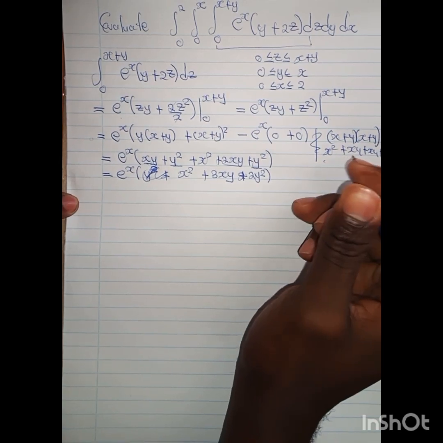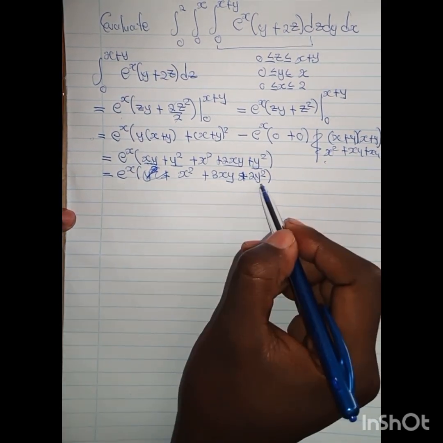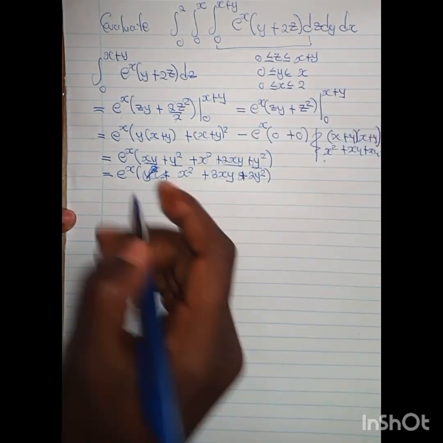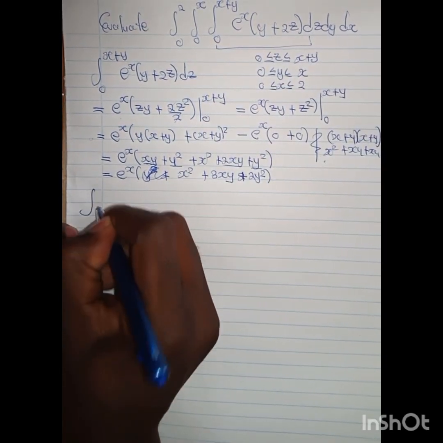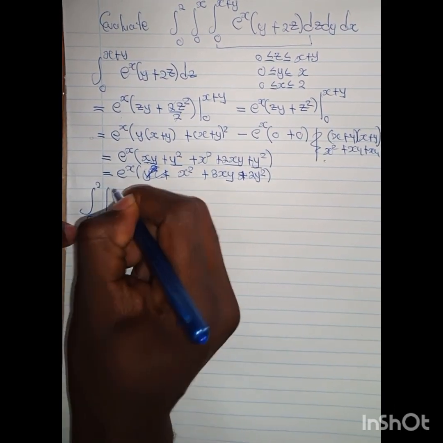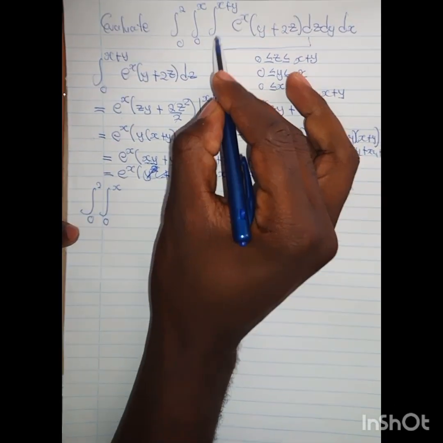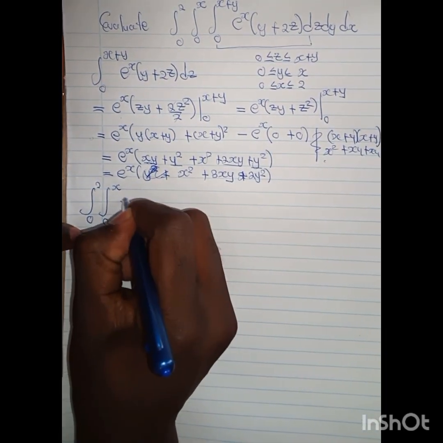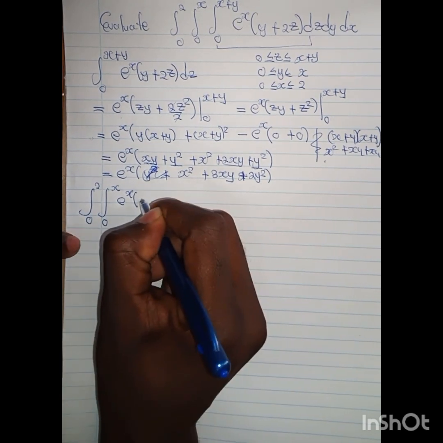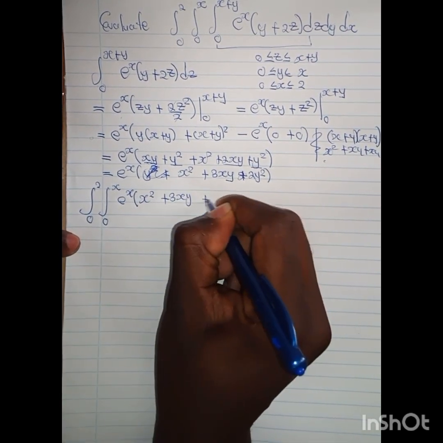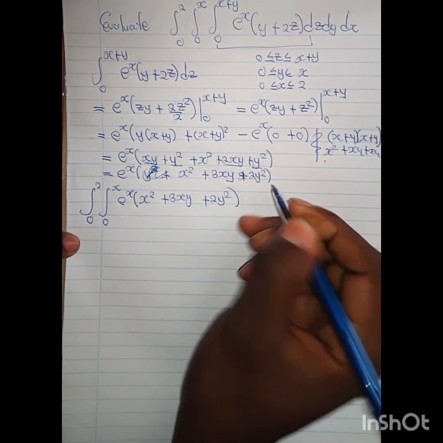Now listen, this expression which we have here will be used to represent the inside part. So now this is what we have: the integral from 0 to x, and instead of this part we write this expression, so we'll have e to the x times x squared plus 3xy plus 2y squared.